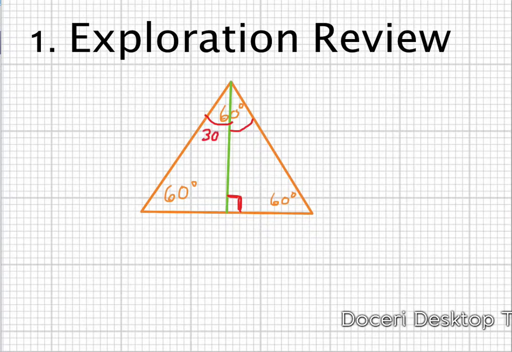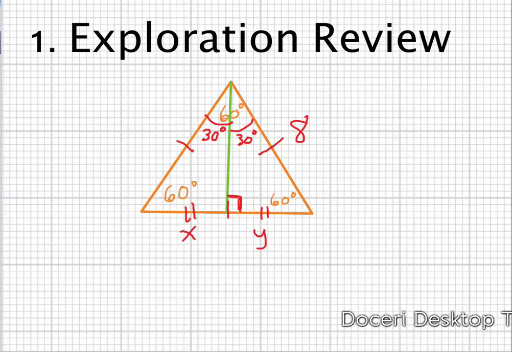Now you should have written this down in the exploration part. We also know, since this is equilateral, that all three of my sides are the same. Since my altitude bisected the angle, what do you think it's going to do to the side it touches? That's right, it's also going to bisect this side. So those two parts are the same. So the first example gave you this was 8, this was x, this was y.